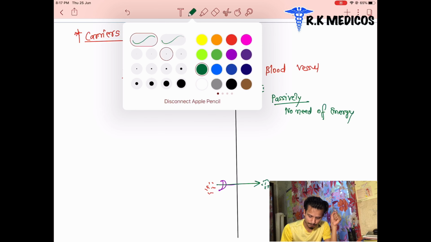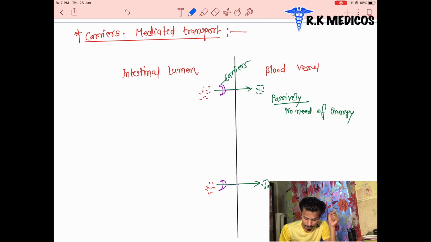In passive, mainly we know there is facilitated diffusion. Facilitation means to facilitate. What does it mean? The movement is done by something. It means some carrier mediated proteins are required, but they work passively.